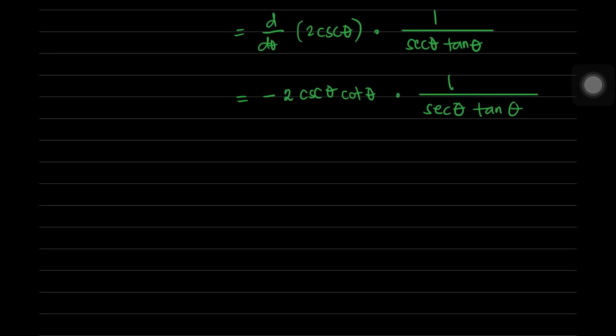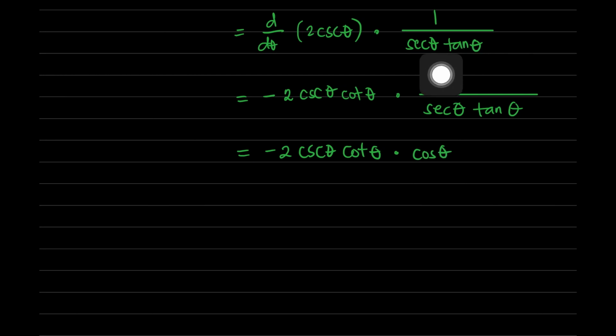Now, if we're going to make this a single line expression, this is now equal to negative 2 cosecant theta cotangent of theta multiplied by 1 over secant theta, which is cosine of theta, and 1 over tangent of theta is cotangent of theta.